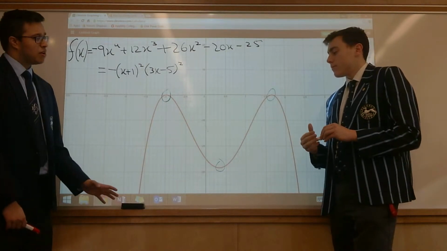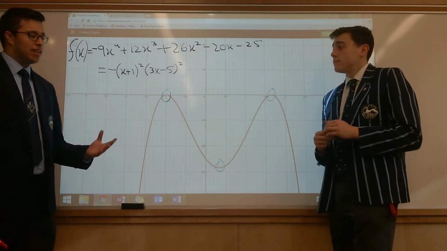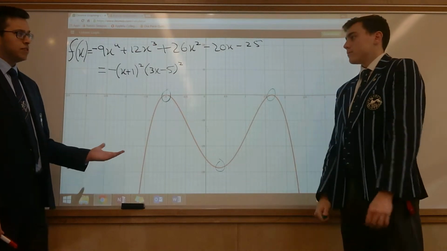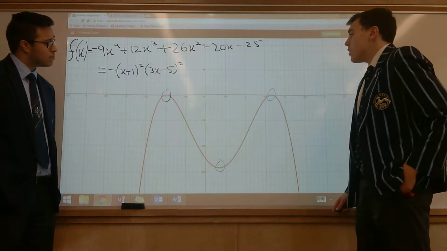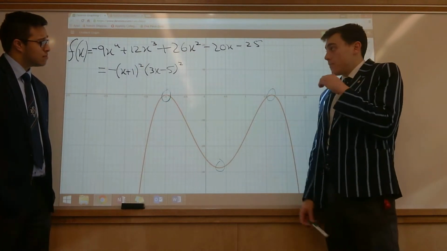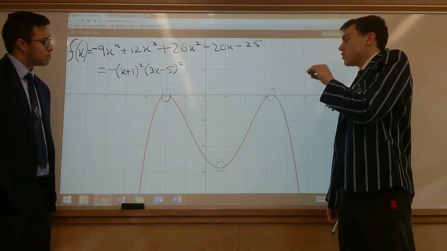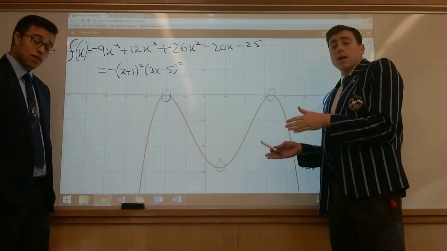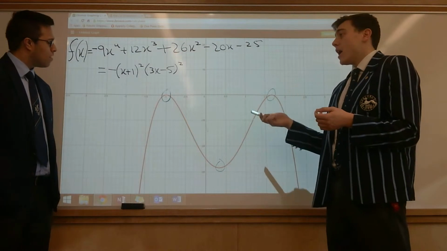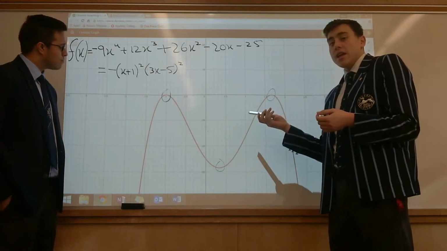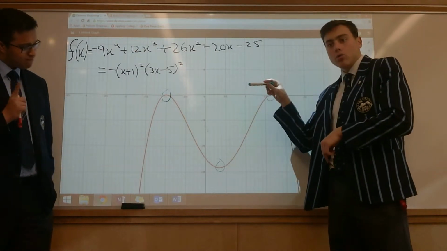But Isaac, I have a question. Why can't an even degree function have 0, 2, or even 4 turning points? Good question, Basil. The reason for that is, like you mentioned, all quartic functions must have matching long-run behavior. And if it doesn't have an odd number of turning points, it will have opposite long-run behavior.